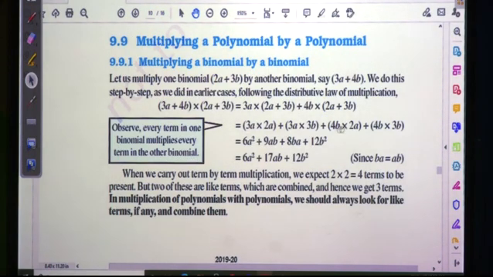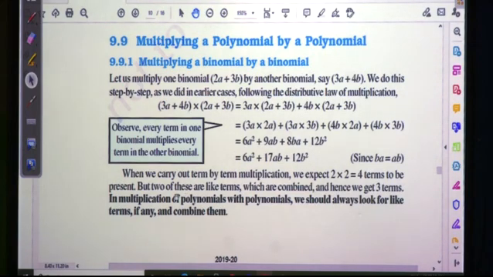The same is been done here. When we carry out term by term multiplication, we expect 2 into 2 is equal to 4 terms to be present, but two of these are like terms which are combined, and hence we get 3 terms. What they have explained us, that when we multiply term into term, we expect 4 terms to be present, but in the answer we are having 3 terms.